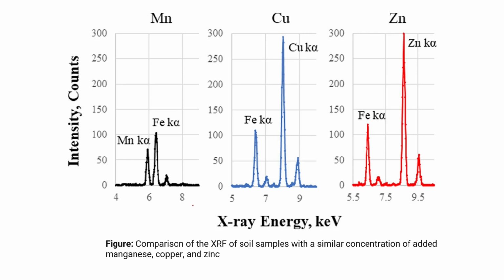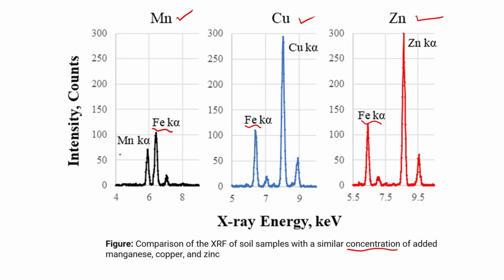So in these XRF graphs, the author compares three soil samples, and they added similar concentrations of manganese, copper, and zinc. We can see that in all three graphs, we have a similar iron K alpha peak. This means that the soil contains iron.